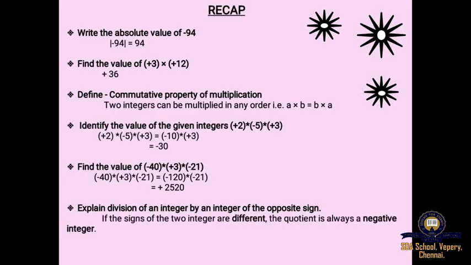If the signs of the two integers are different, then the quotient is always a negative integer. So we have to find the absolute value and divide the absolute value, and the sign will be a negative sign. Find the value of minus 48 divided by minus 6. Yes, it is plus 8.